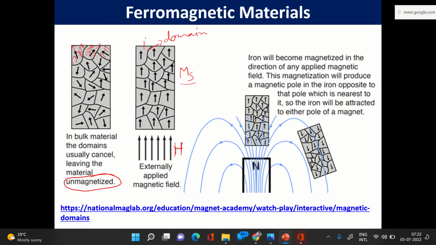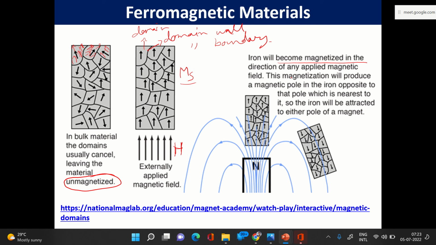This is a domain, and the line that we are drawing will be called domain wall or domain boundary. Both can be used. This is what happens when you place an iron crystal in a magnetic field and gradually, slowly increase the magnetic field.